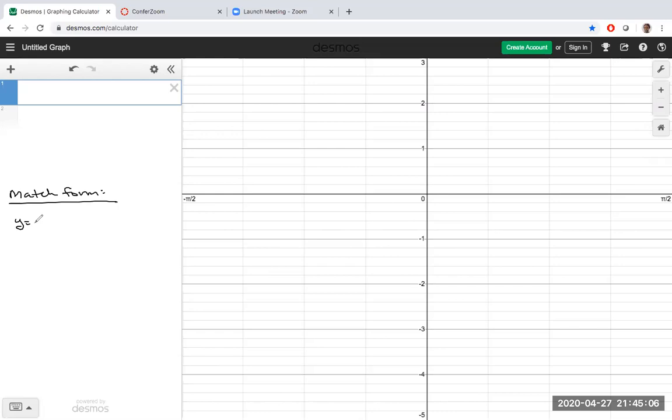I guess just keeping with the spirit of what we did in the last example, I'll use a tangent graph. So C plus A times tangent of B times X minus D. So the first graph will be our parent, and that's going to be y equals tangent x.